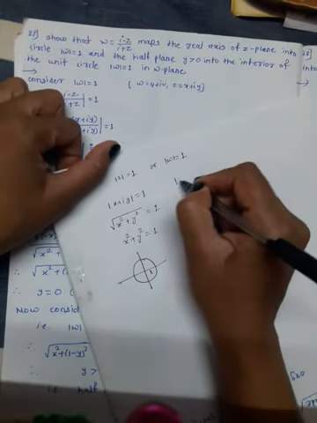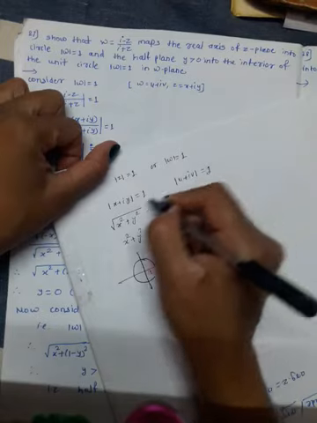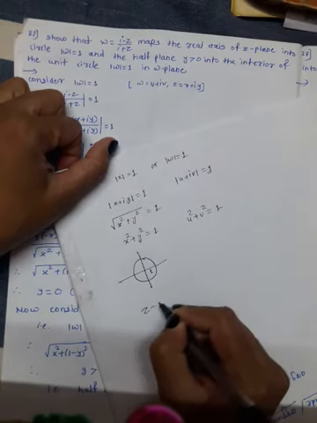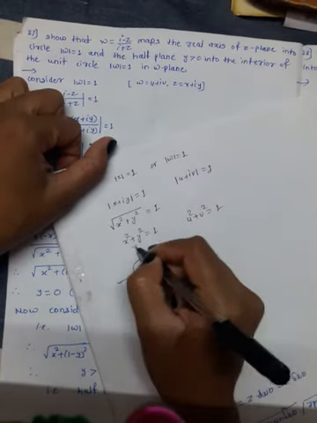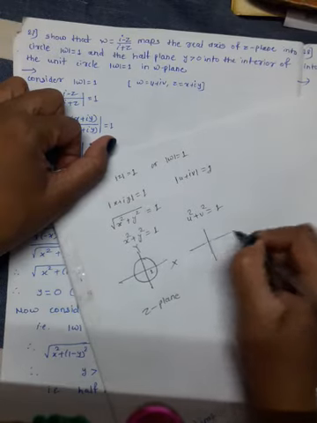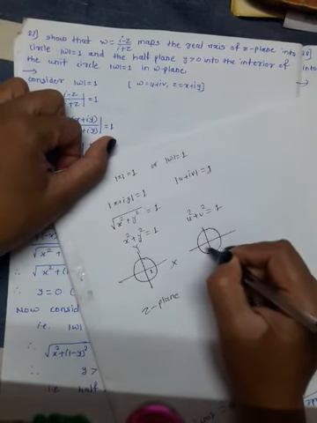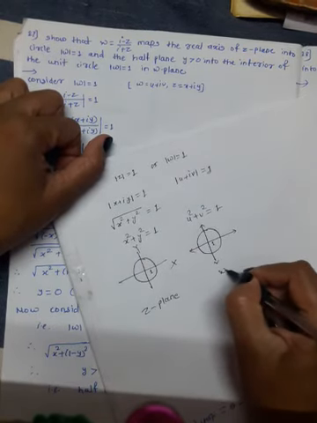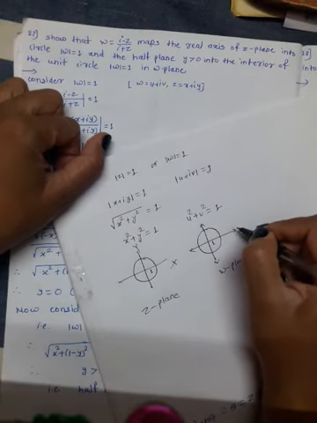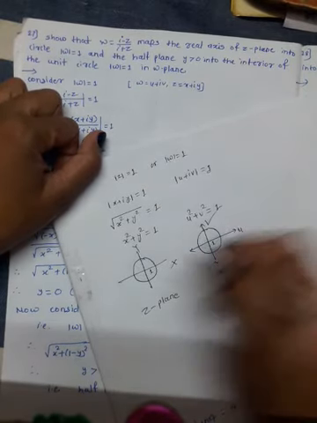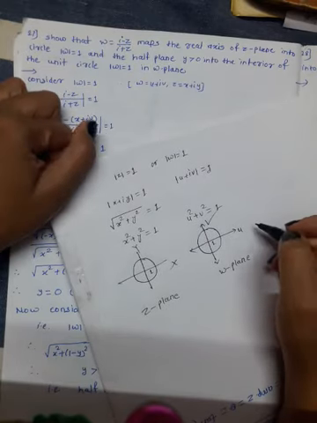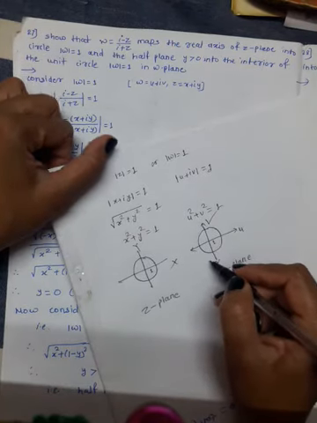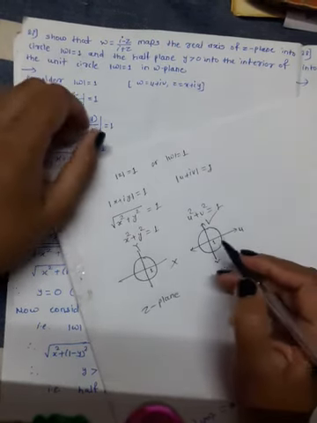Similarly, mod w means mod of u plus iv is equal to 1. Solving this, u square plus v square is equal to 1. The earlier one is in the z plane, because x and y axes are there. And this is in the w plane, the same circle with center 0, 0 and radius 1, but in the w plane, where u and v are the axes. This mod w is equal to 1 is the unit circle, whose radius is 1.